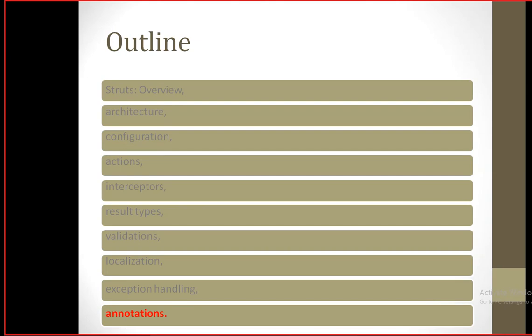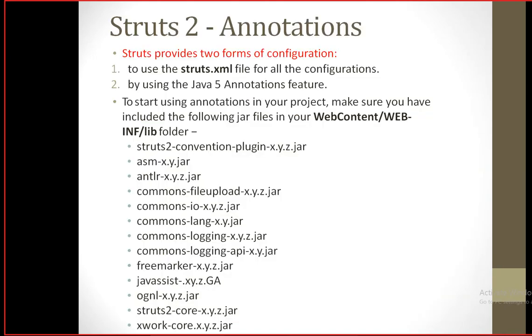Finally, coming to the annotations. Now we know what annotations are. Generally, if we want to add some elements or include some jar files, all of those can be done with the help of annotations, in Java at least, right? Talking about annotations in Struts, if we want to configure or add some action classes, then we can generally configure the struts.xml file as we have done up till now.